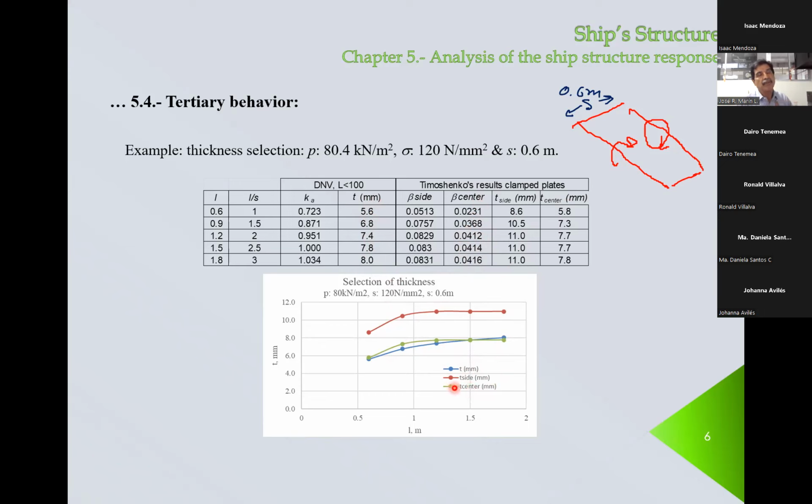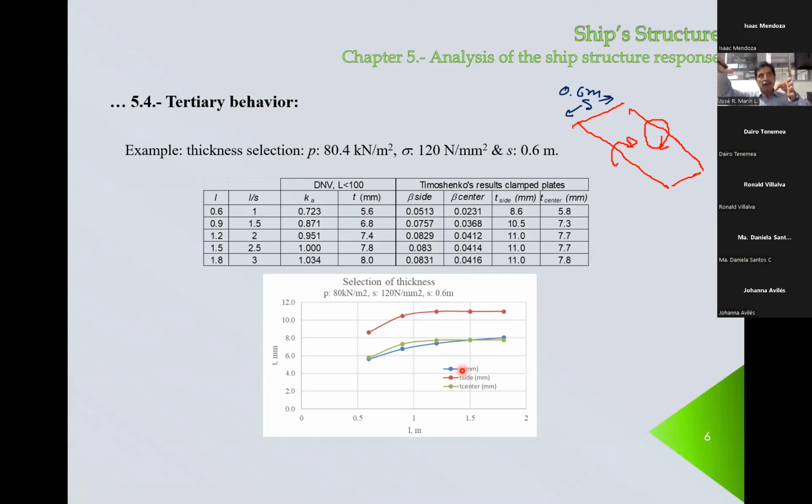So my conclusion is that when we have a plate with stiffeners, the plate is in some way kind of clamped, because we see this behavior that on the stiffener we have positive, and on the center we have negative.